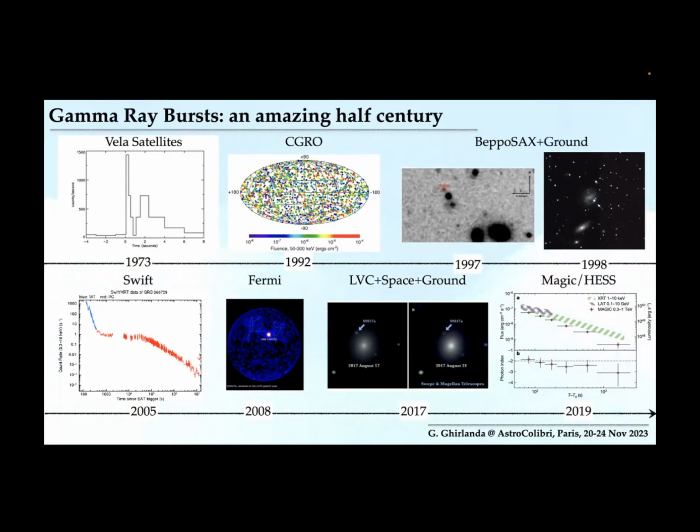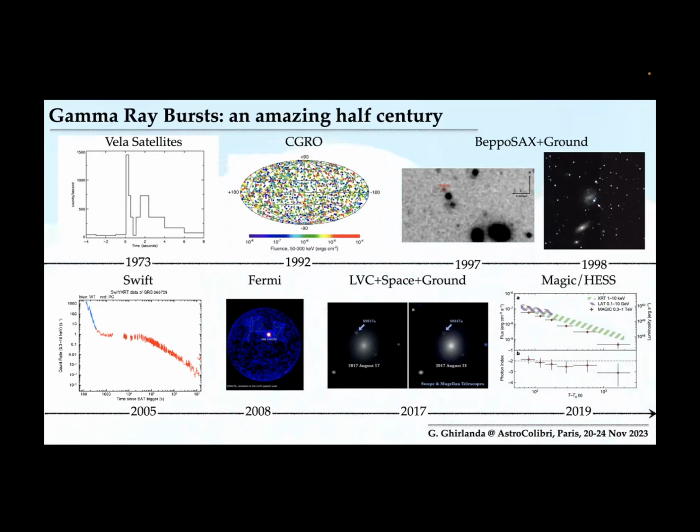Then we arrived at 2008 with Fermi, which opened the, let's say, hundreds of MeV up to GeV energy range, showing that in this range most often the emission is dominated by the afterglow. And then we have the fantastic discovery in 2017, gamma-ray bursts entering the multi-messenger domain.